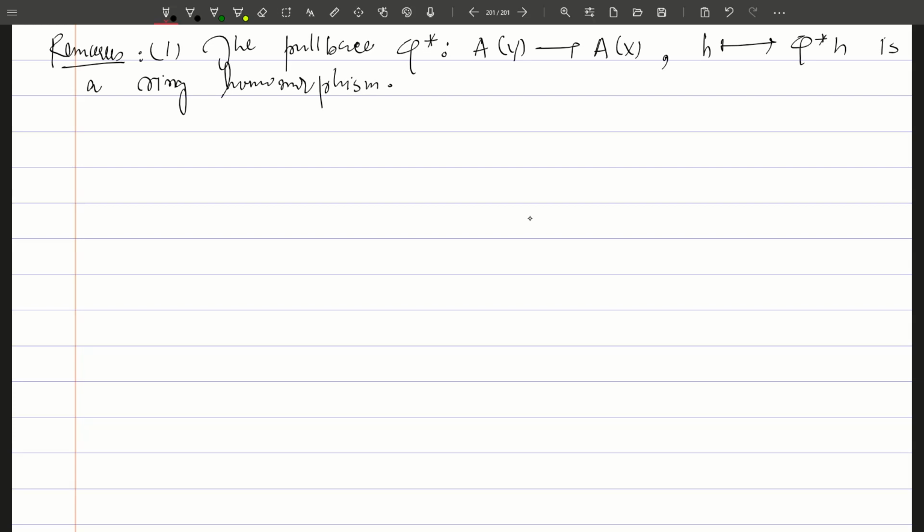This is trivial because if you take two elements here, say h and g, then phi star of h plus g will be phi star of h plus phi star of g, and same is the case with the product. So one has to verify this.